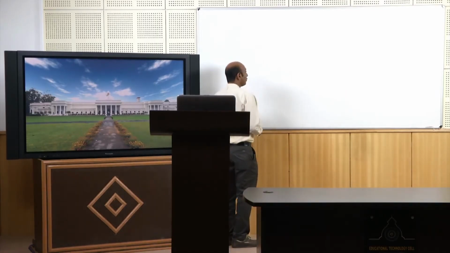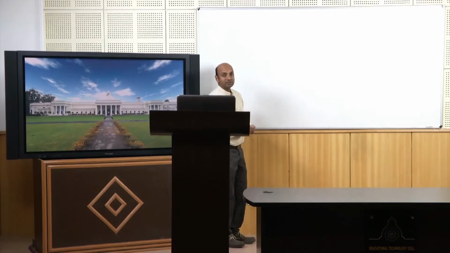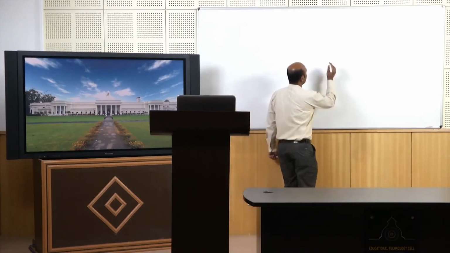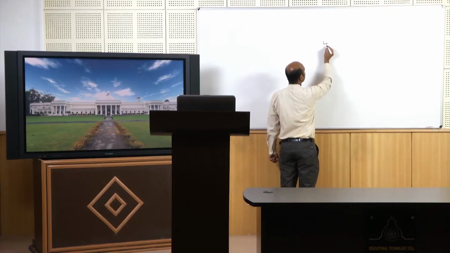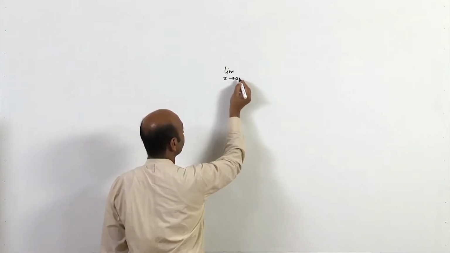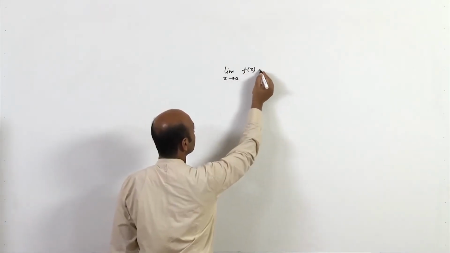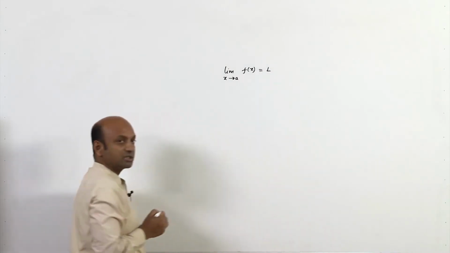First we recall limits for one variable functions. Suppose we have limit x tending to a of f x is equal to L. So what does it mean?